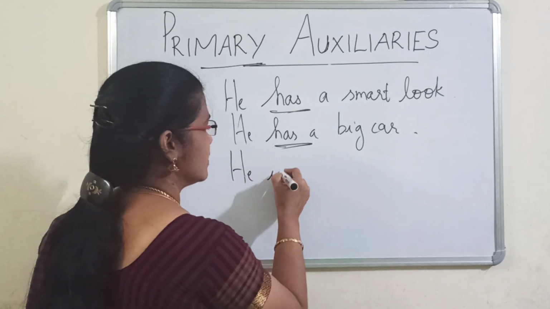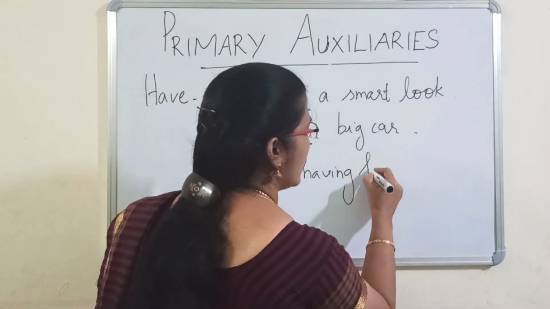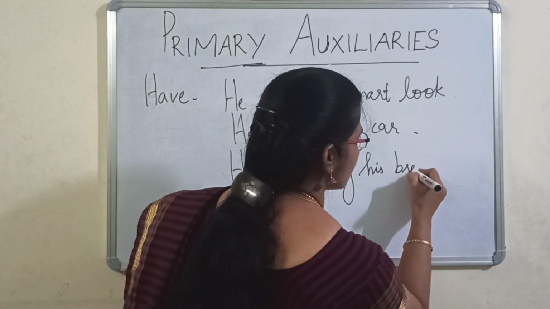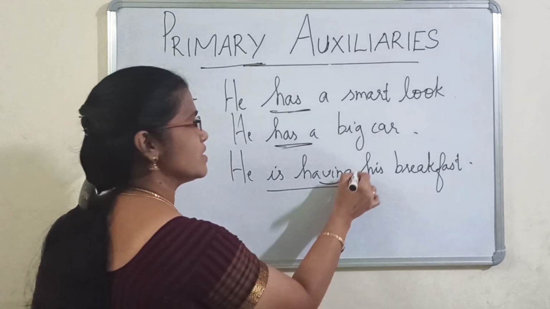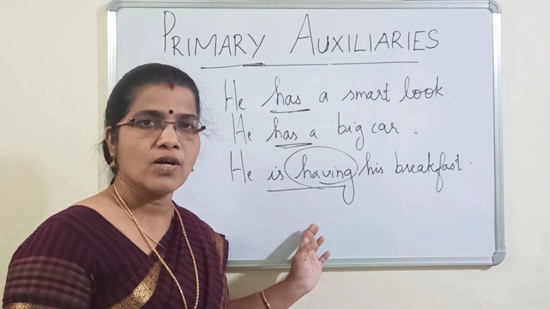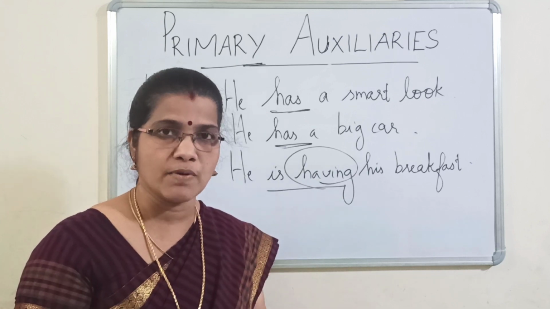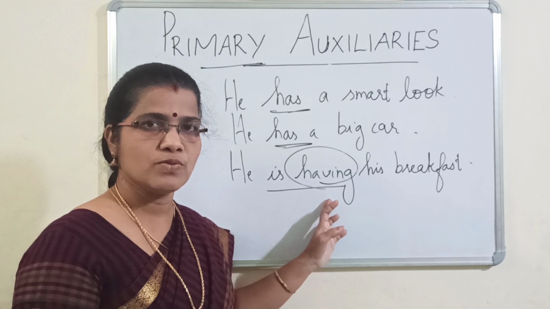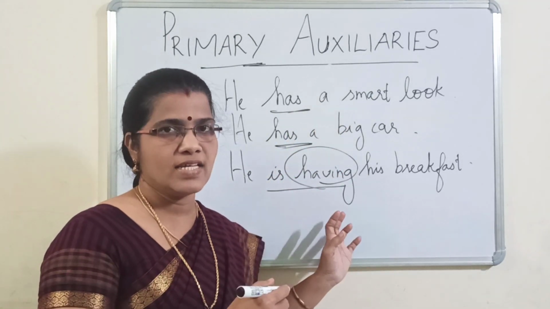He is having his breakfast. That's grammatically correct because here you mean eating. He is having his breakfast means he is eating his breakfast. So this is fine. But in these two cases you are not supposed to use an ing form.